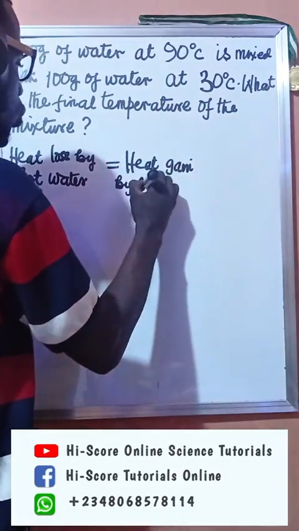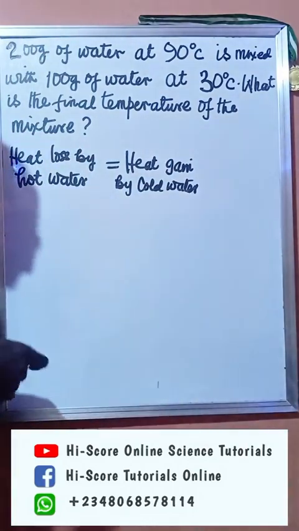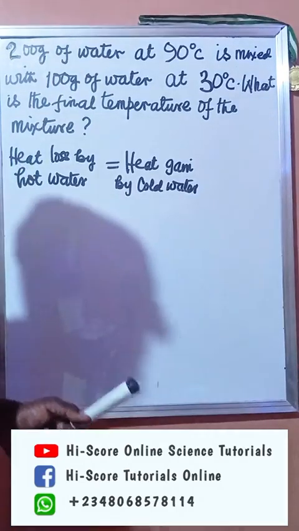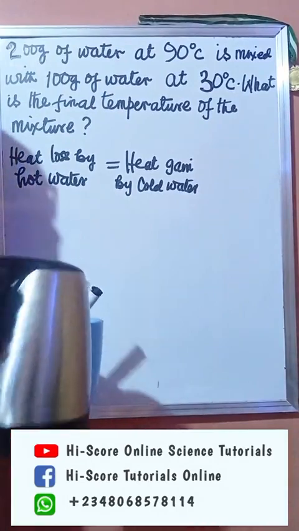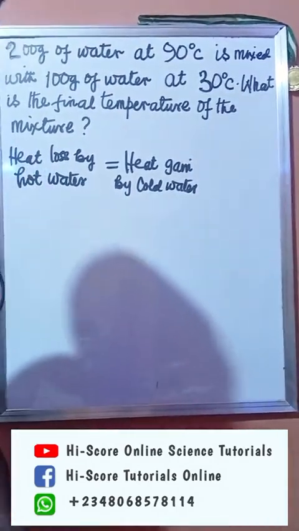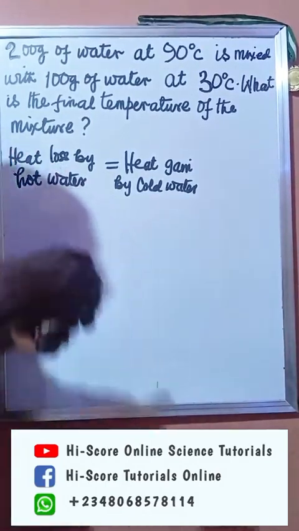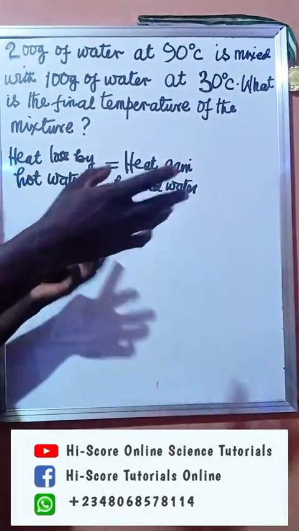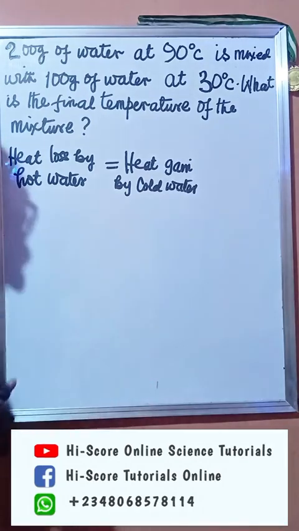by the cold water. But this is only true under the assumption that there is no heat loss during the pouring. Of course, in actual sense, this is not always true, because as we pour the liquid in, some part of the heat is lost to the surrounding by virtue of what we call convection. But that is another topic.